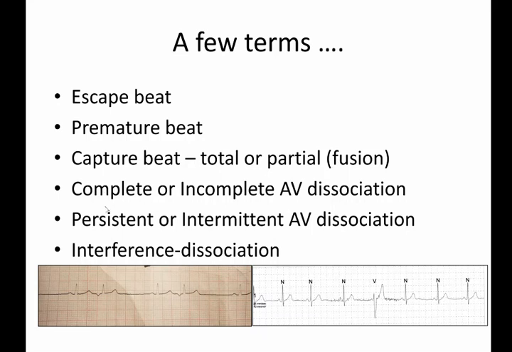The better terms to use are persistent or continuous and discontinuous AV dissociation. Another term which is often not understood because there's a lot of confusion in its terminology is interference dissociation. Since there is a lot of confusion, most of the authors, including Marriott, have suggested that we should abandon this term and not use it altogether.